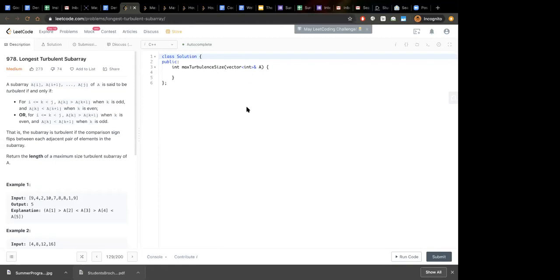So we can make two cases. Suppose we do for case 1 when A[k] is greater than A[k minus 1] when k is odd. We can have two types of turbulence subarrays now. So suppose we are solving for the first one, then we can form any subarray ending at i.